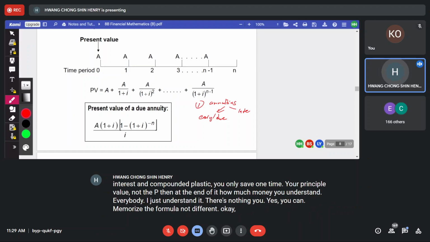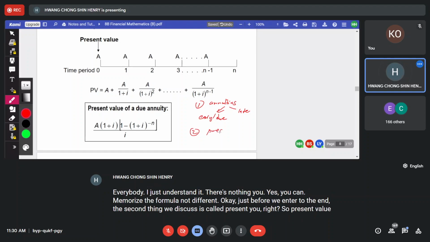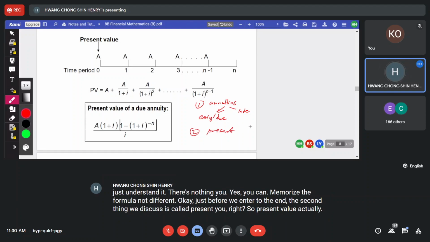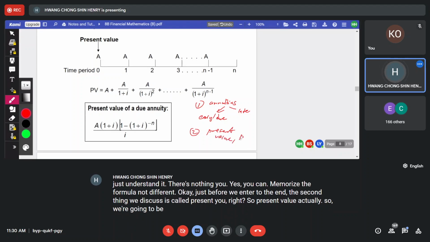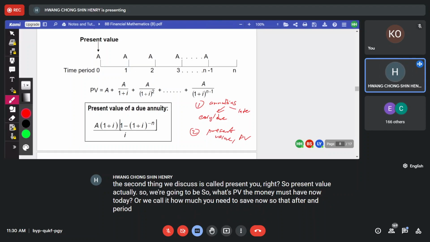Okay, just before we enter the end, the second thing we discussed is called present value. So present value actually is our principal. We call it PV. So what's PV? The money you must have now, today, or how much you need to save now, so that after the end period, it could be 3 years, 5 years, or 10 years, you can do something.